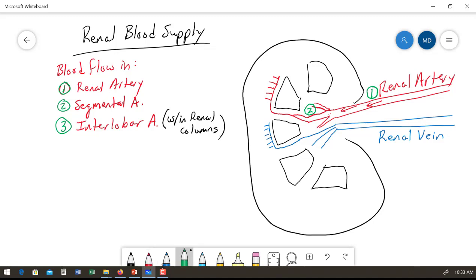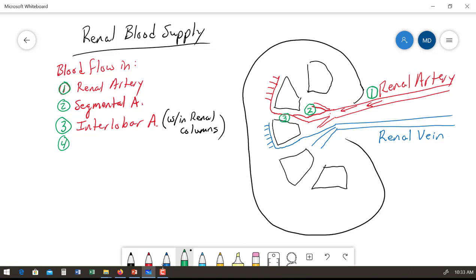And so if we label that over here, it would be a number 3 that's within the columns here. So if you recall, the renal columns are these spaces between the pyramids. So these interlobar arteries are found in these spaces. And again, this is still oxygenated blood.